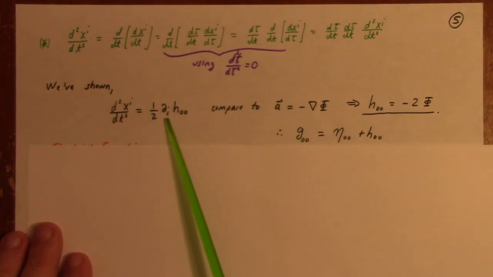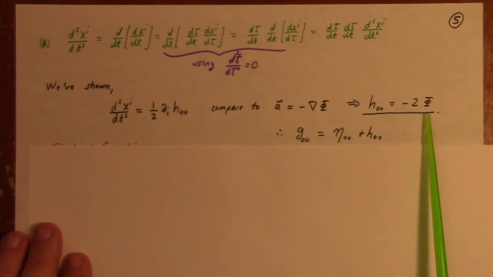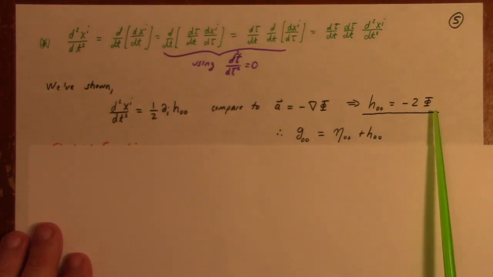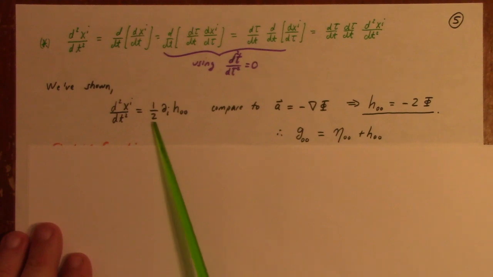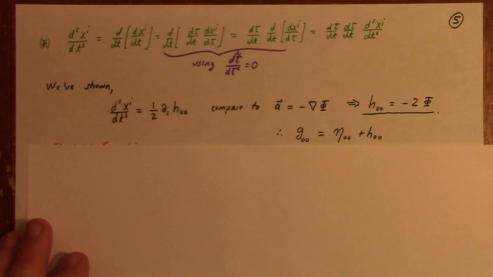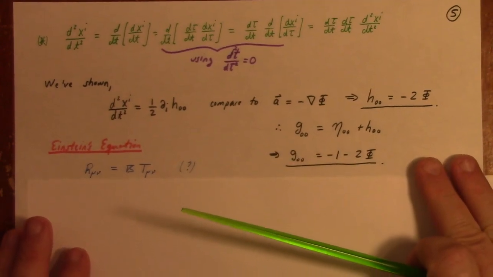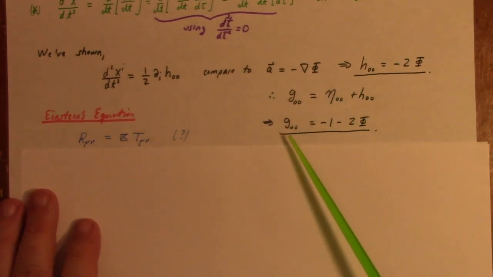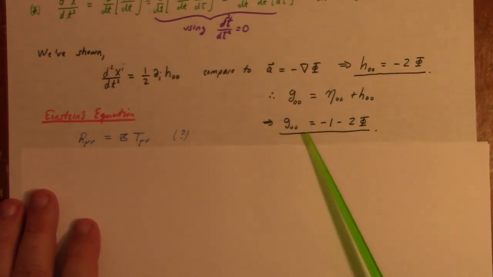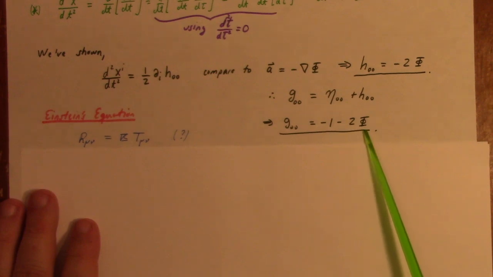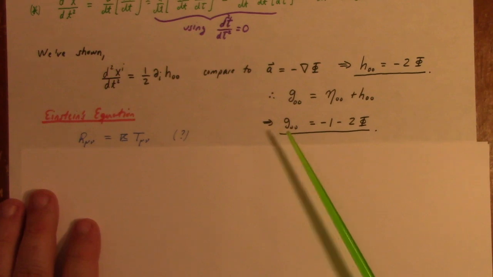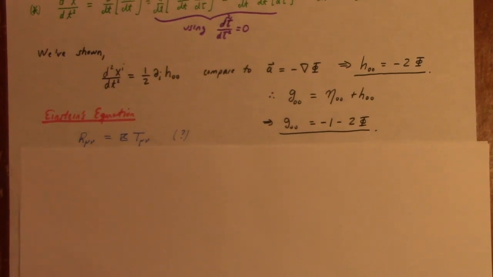If we differentiate minus 2 phi, we get minus the derivative of phi, and dividing by 2 gives the derivative of phi, but then there's a minus. So as we study the Newtonian limit, we find that in this weak field limit, g00 should be minus 1 minus 2 phi. That's the relation between the Newtonian potential and the 0,0 component of the weak field metric.